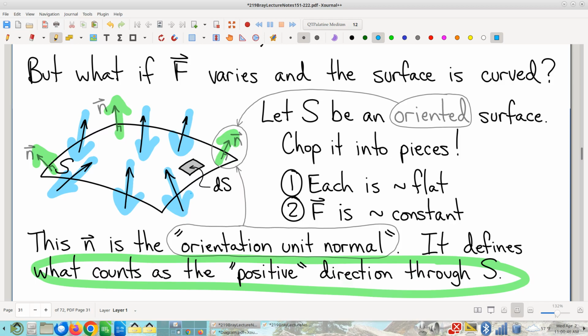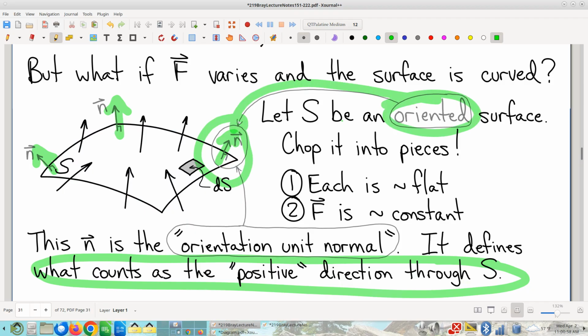So we recognize that with the normal vector. The normal vector is our notion of positivity. What's the positive direction through the surface? And this is called an orientation on the surface. And with that settled, we have what's called an oriented surface. An oriented surface just has an orientation.